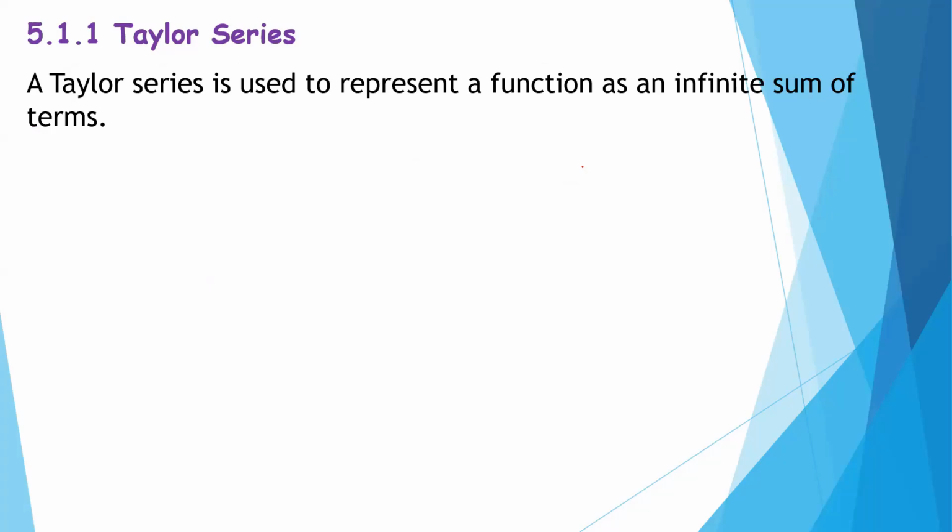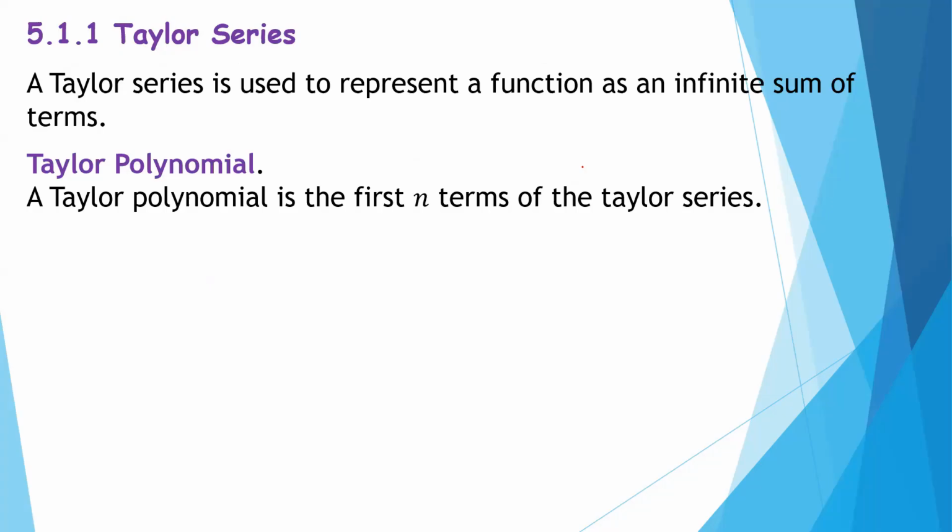So we need these formulas to define what we call the Taylor series. So what's a Taylor series? A Taylor series is used to represent a function as an infinite sum of terms, and a Taylor polynomial is just the first n terms of the Taylor series.